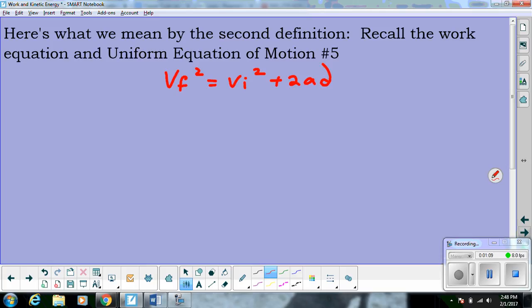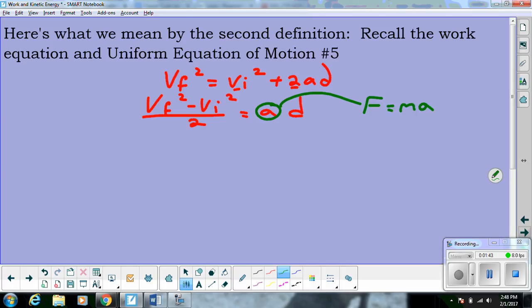I'm going to rearrange this equation to isolate the acceleration and the distance. All I did there was subtract Vi squared from both sides and divide by 2. Now I'm going to recall Newton's second law of motion, that force equals mass times acceleration, and therefore force divided by mass is the acceleration as well.